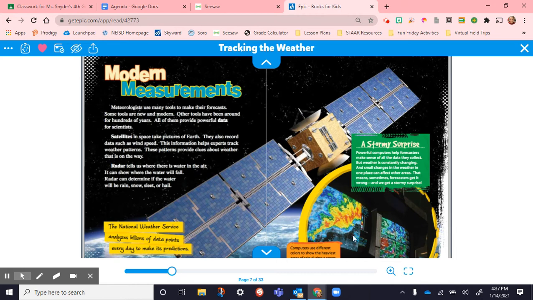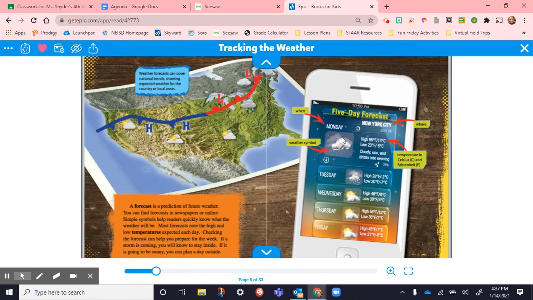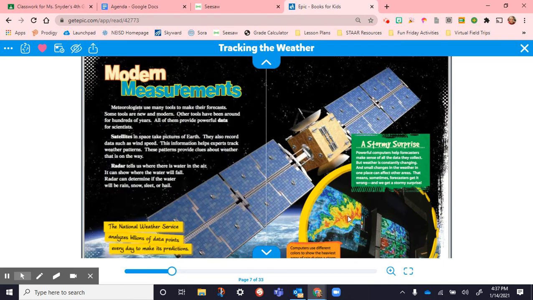When you look on these apps, there's sections where you can get these pictures that look like this, and those are different radar, and you can see these patterns. They're moving, and you can track these storms and kind of see if these are headed your way. And if you've got vacation plans, or you want to know what to wear because you want to know what the weather's going to be like later.